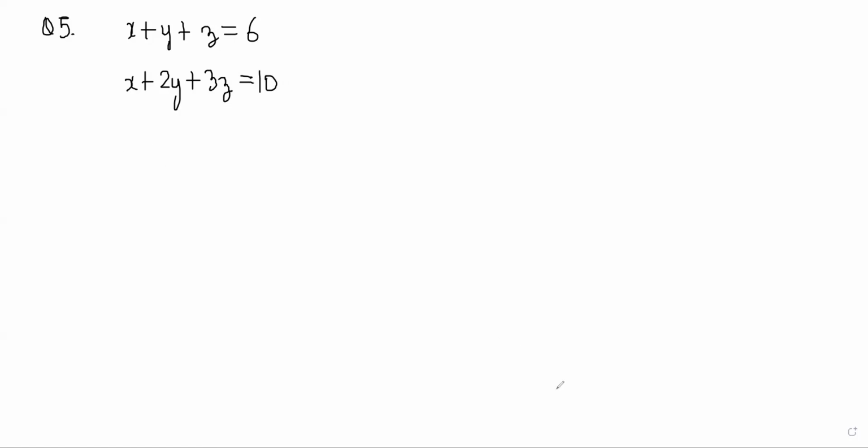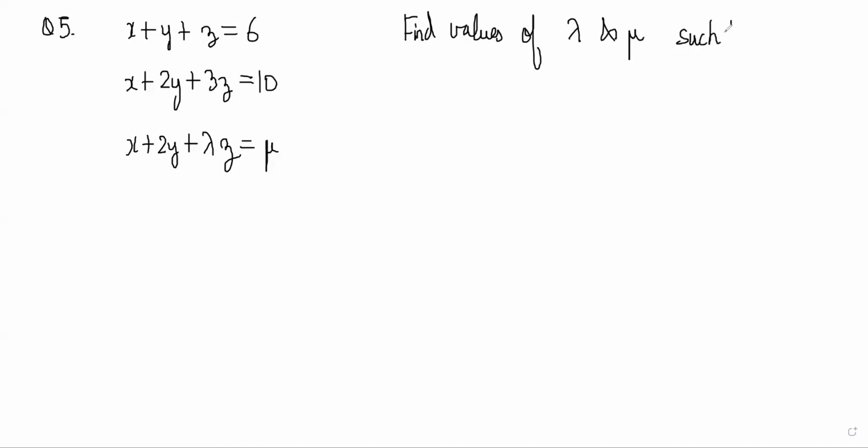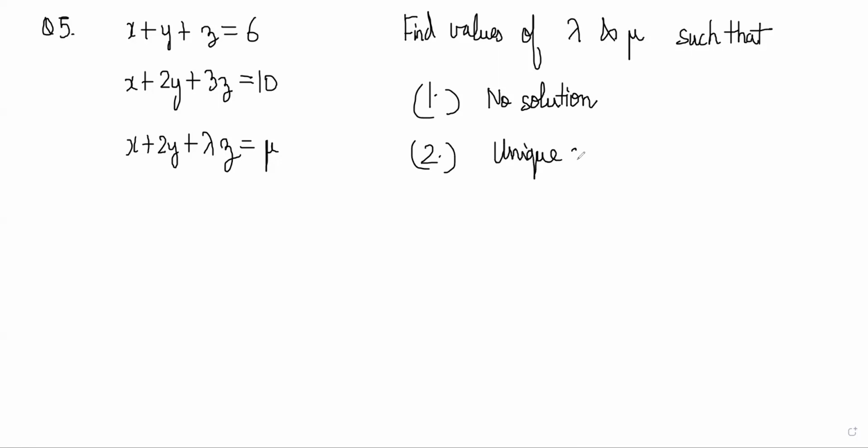And the next one is x plus 2y plus lambda z is equal to mu. You have to find values of lambda and mu such that part 1, the system has no solution. Part 2, the system has unique solutions. Part 3, it has infinite solutions.